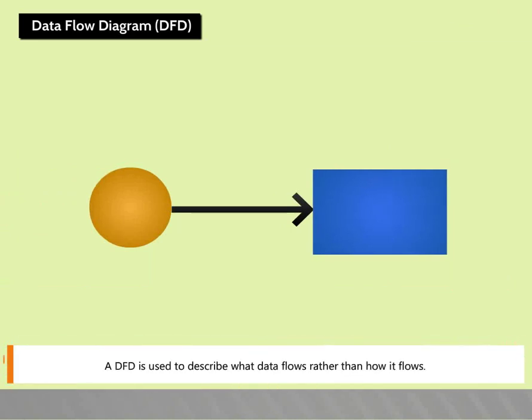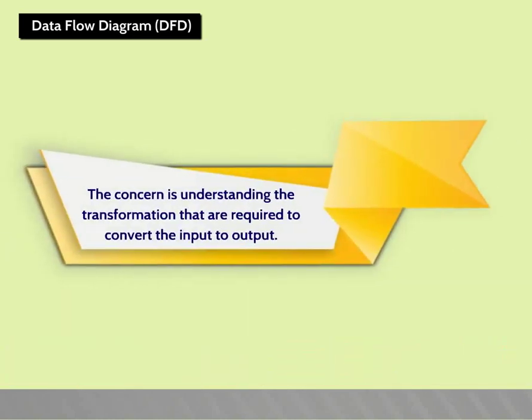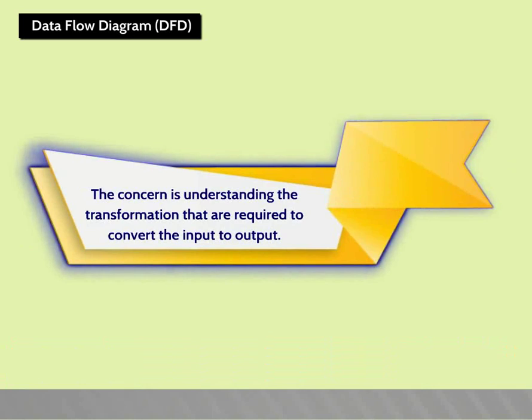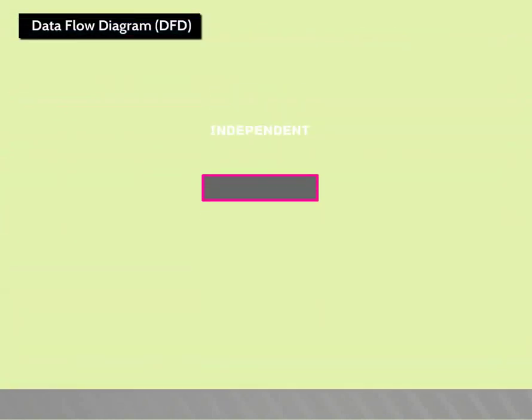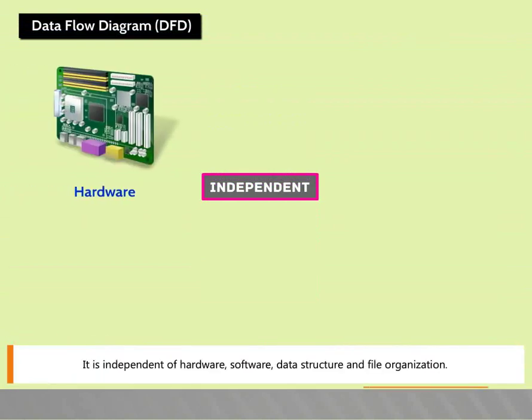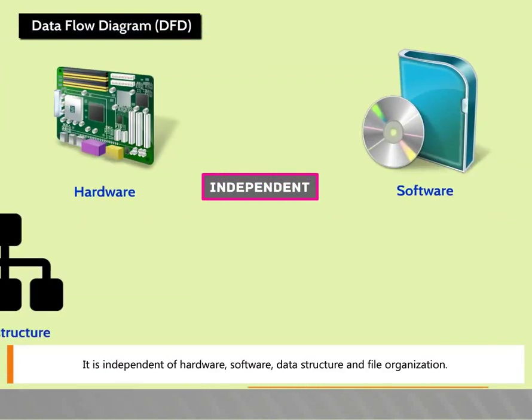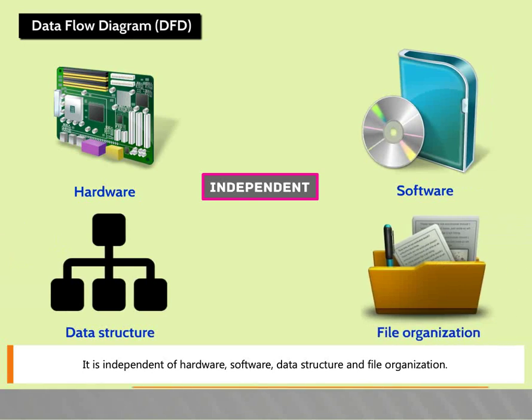A DFD is used to describe what data flows rather than how it flows. The concern is understanding the transformations that are required to convert the input to output. It is independent of hardware, software, data structure, and file organization.